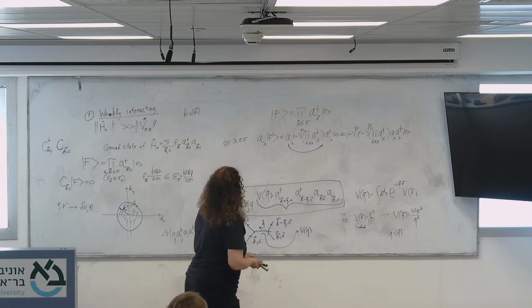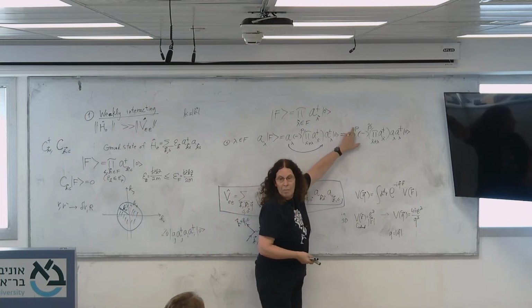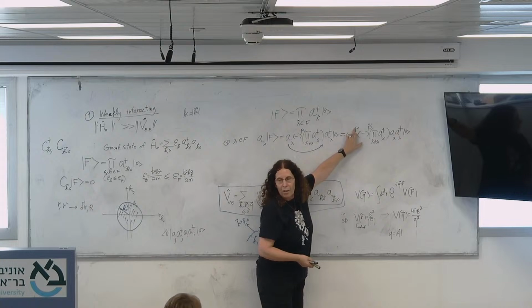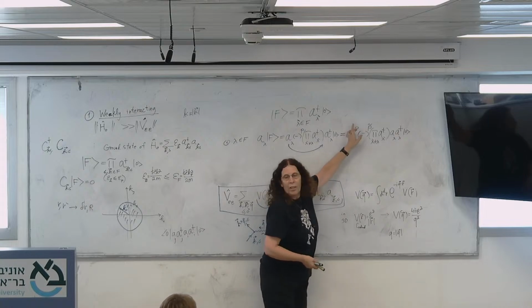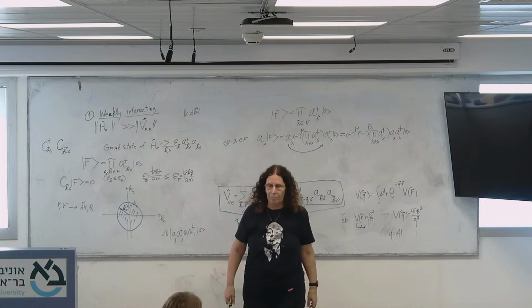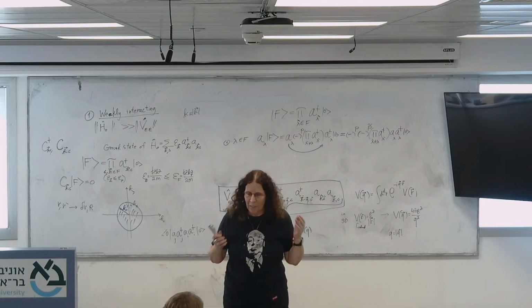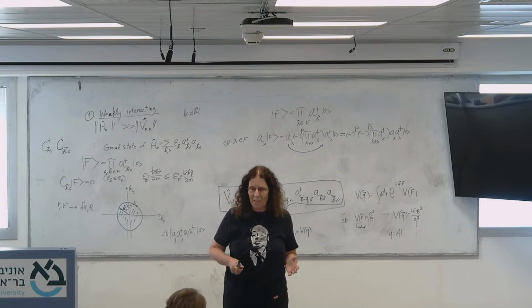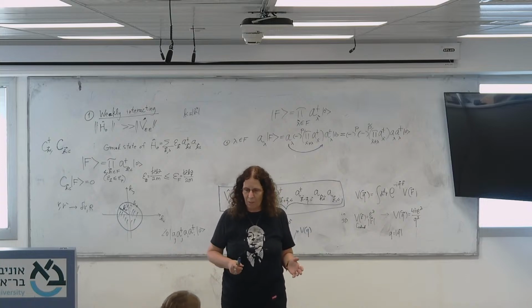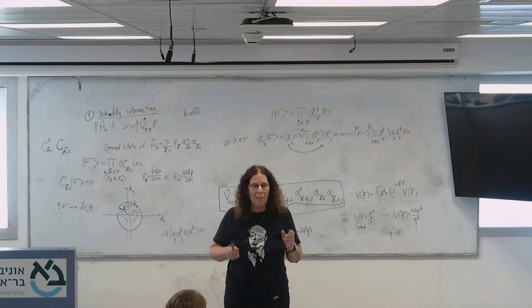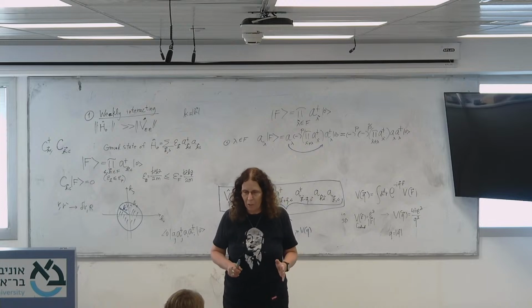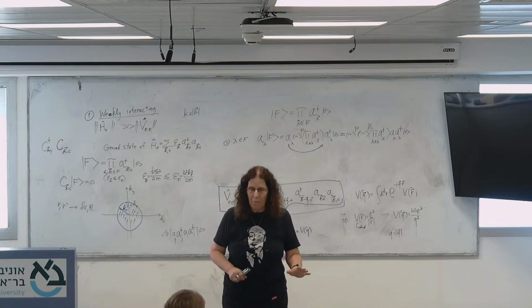I don't know what p is, it's either odd or even, but I don't care. It's either minus or plus, because the question I ask is whether this is 0 or not 0.